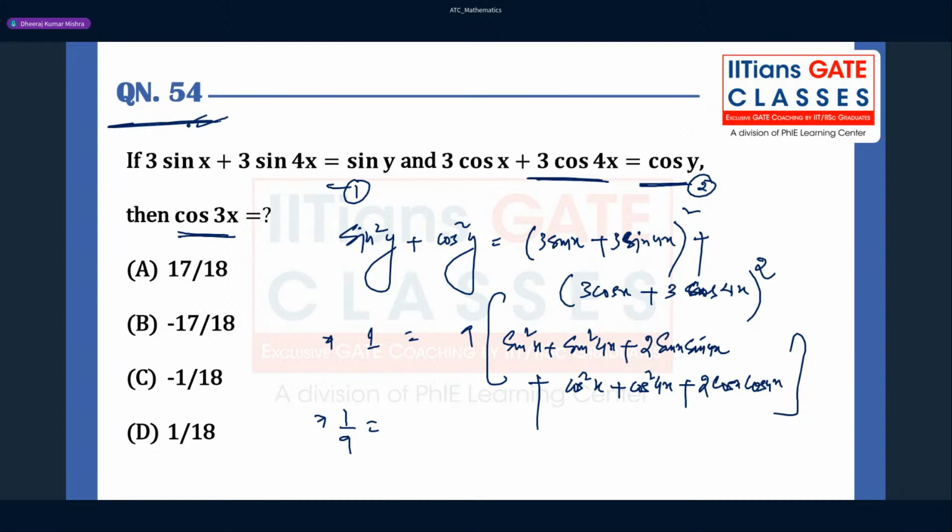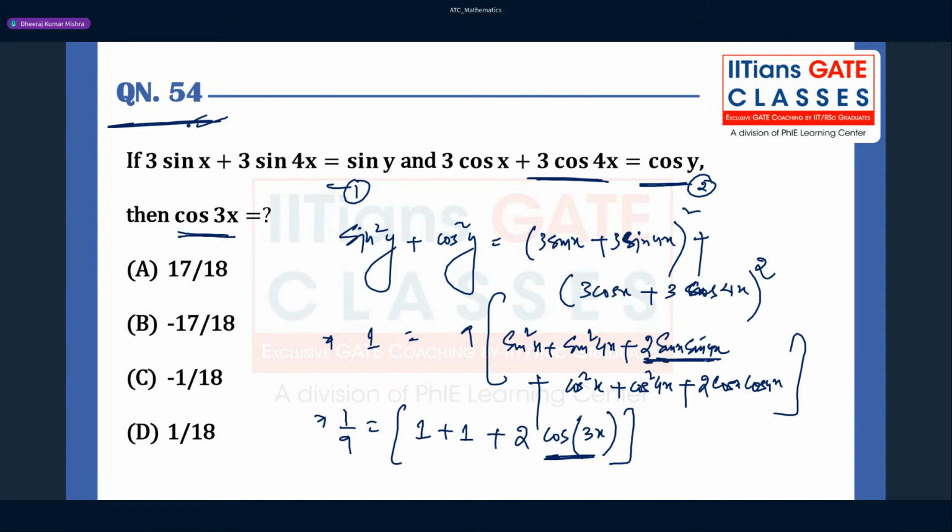So this is again one question, please. Okay. So here it will be 1 plus 1 plus, you can take 2, this is nothing but 2 sin x sin 4x plus cos x cos 4x, okay, 4x minus x, that is nothing but 3x. Right? Okay, now you can simplify it because you have to find the answer as cos 3x, right?